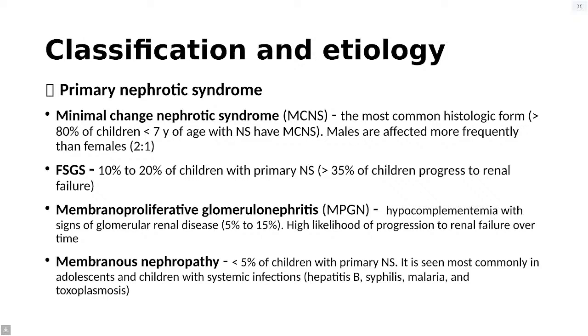High likelihood of progression to renal failure over time. And the fourth is membranous nephropathy. This is not common. Less than 5% of children with primary nephrotic syndrome. It is seen most commonly in adolescents and children with systemic infections, for example, hepatitis B, syphilis, malaria, and toxoplasmosis.